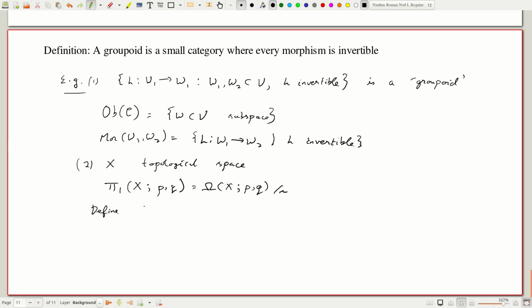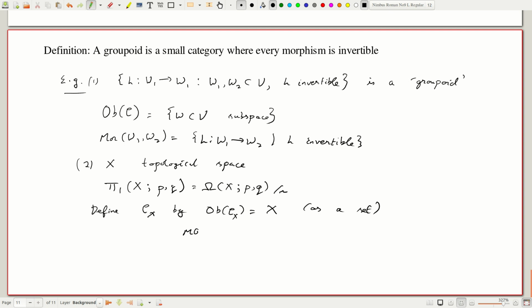So you define C, let me put a subscript X or something like that, by objects. Objects of Cx are X, and this is of course as a set. It's a small category. We forget the topology.